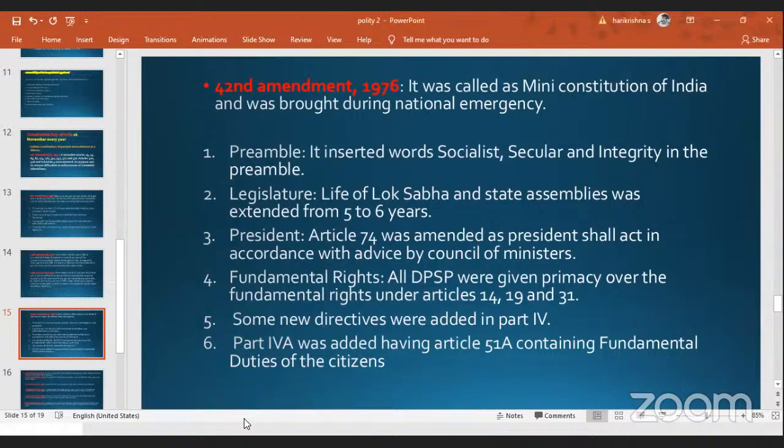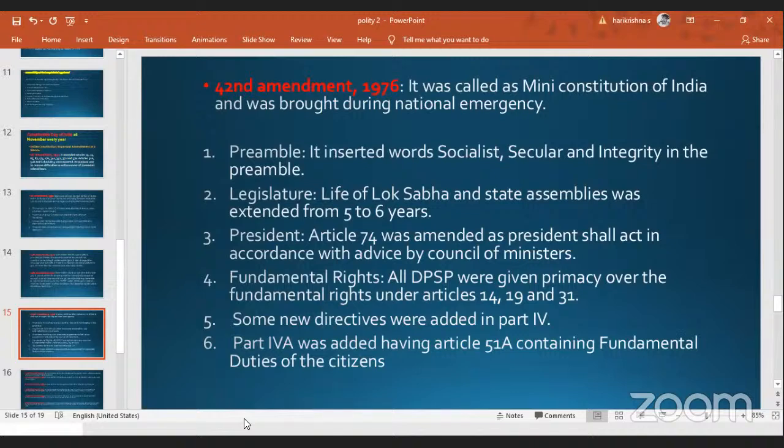Then legislature: the life of Lok Sabha and state assemblies was extended from 5 to 6 years. That was also during this. And the president: Article 74 was amended, so the President acts in accordance with the advice of the Council of Ministers. That also was proposed in this amendment.